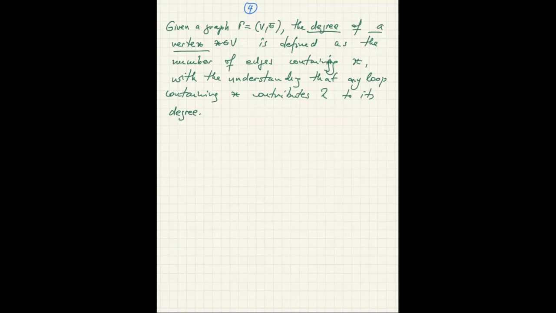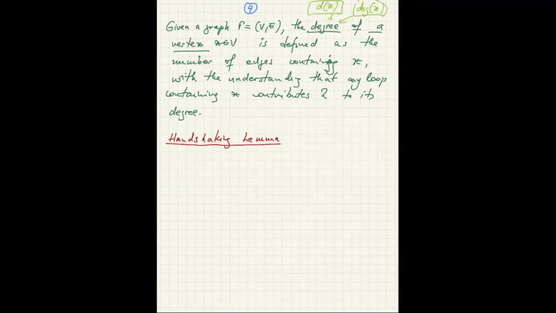And the first proposition is called the Handshaking Lemma, and it states the following. Before I do that, the degree of a vertex X, I will denote by D of X. Sometimes you will see it as deg of X, same thing.